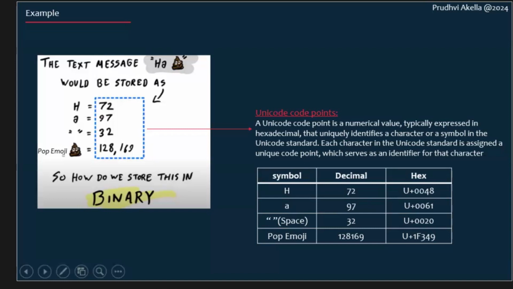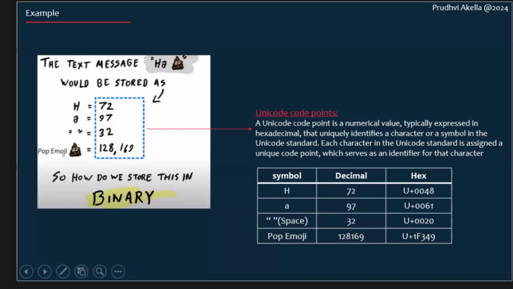When it comes to the poop symbol, it is not from the ASCII encoding, correct? It doesn't have any ASCII number. But it's a Unicode symbol. The equivalent number for this poop symbol in Unicode is 128169.